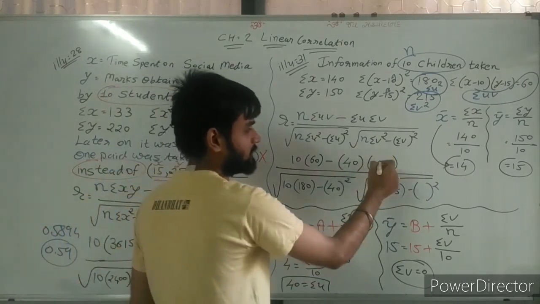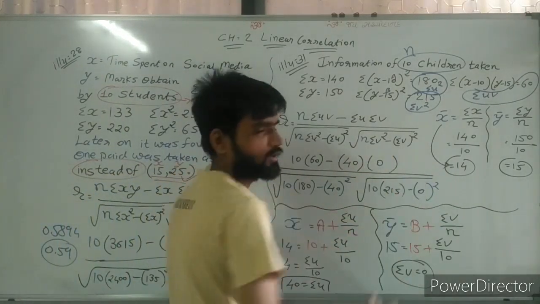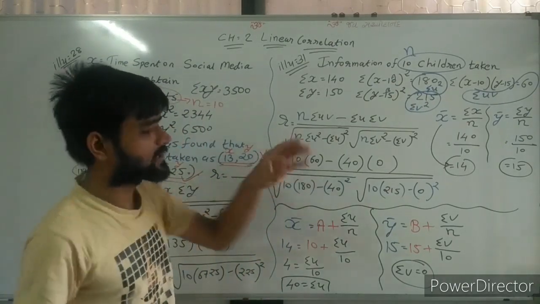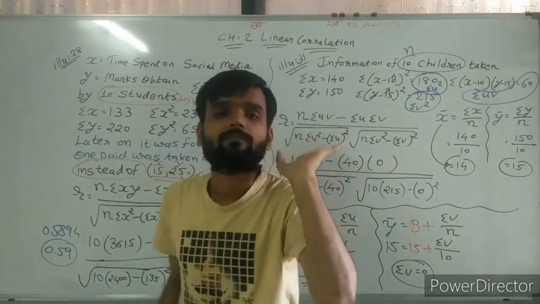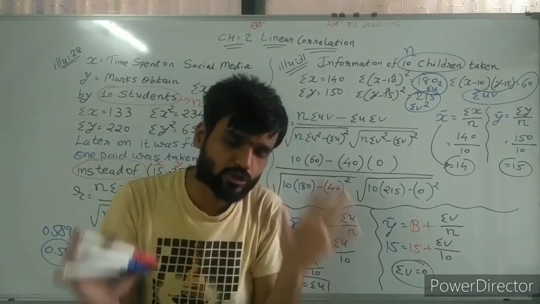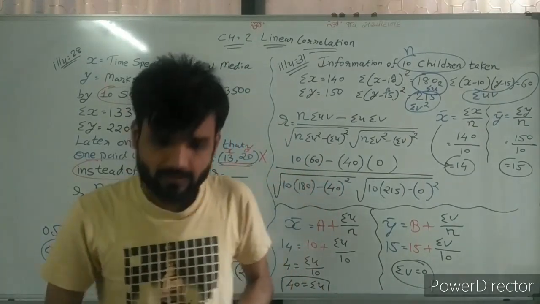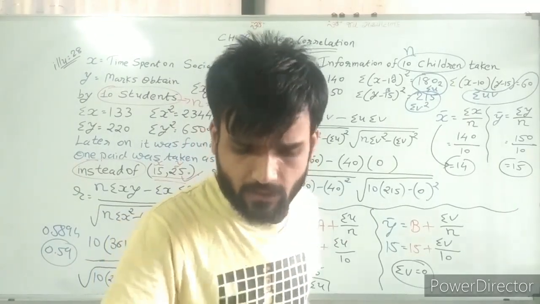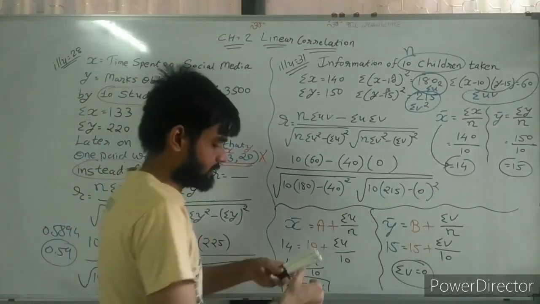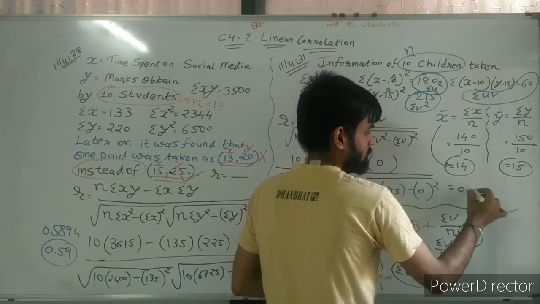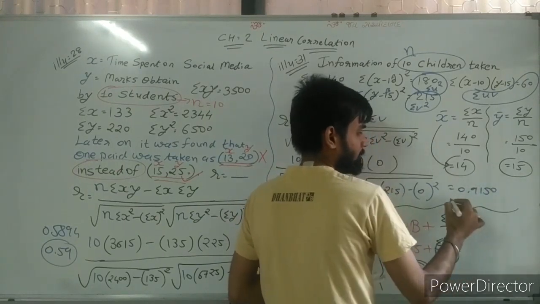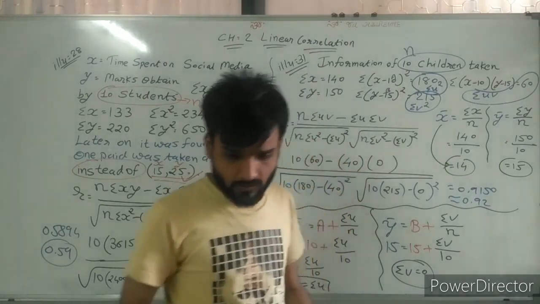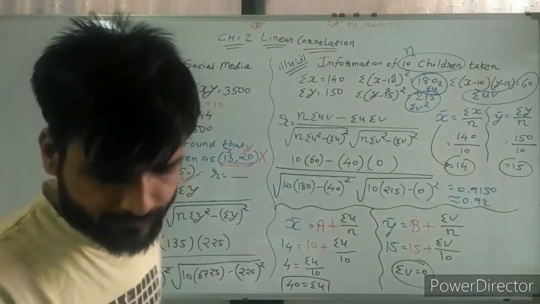So here 0, and here 0 square. Now you can solve this sum yourself. I am not doing this calculation for all of you, but I can give you the answer. If you solve it, you will get 0.9150, and approximately we can say 0.90. This should be your answer.